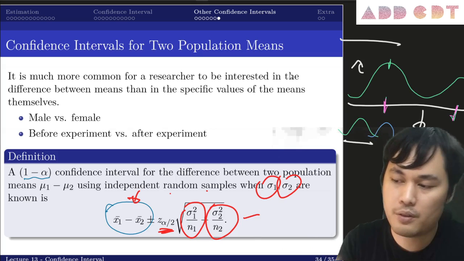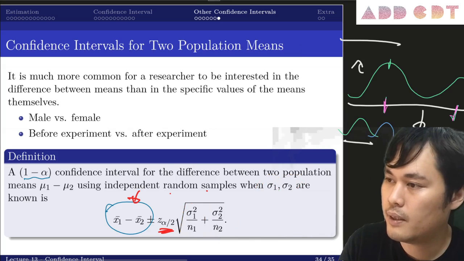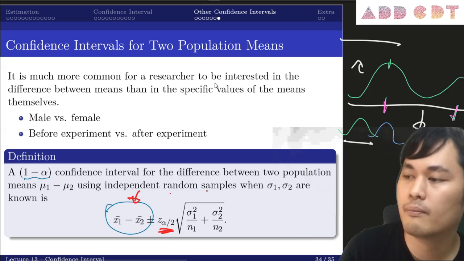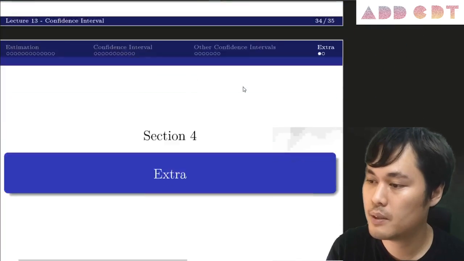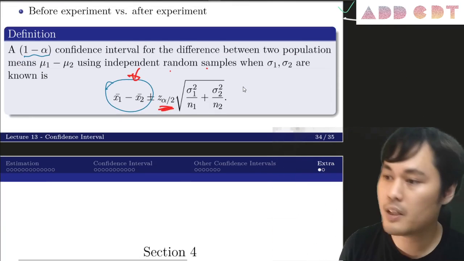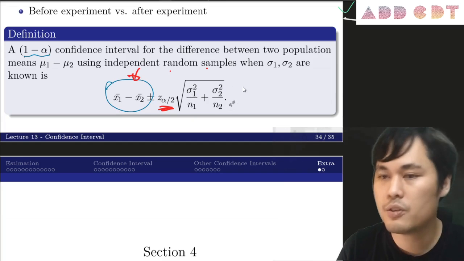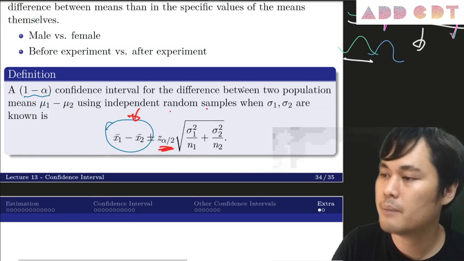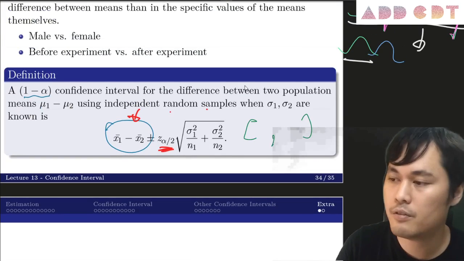It's again a matter of knowing which formula to use; the actual job is just doing math or using a calculator. So I'm going to skip that. The question will give you x1 bar, x2 bar, sigma 1, sigma 2, n1, n2. You put all of them into this formula and get the same kind of answer, which is an interval.